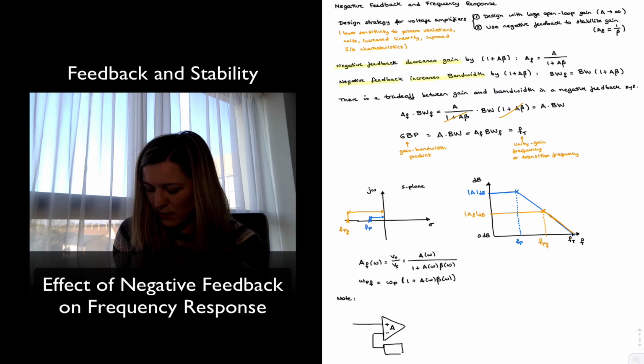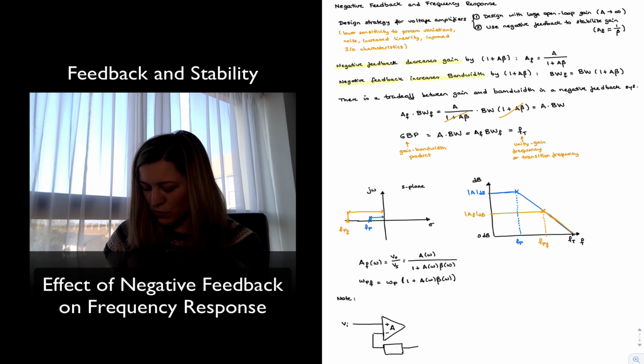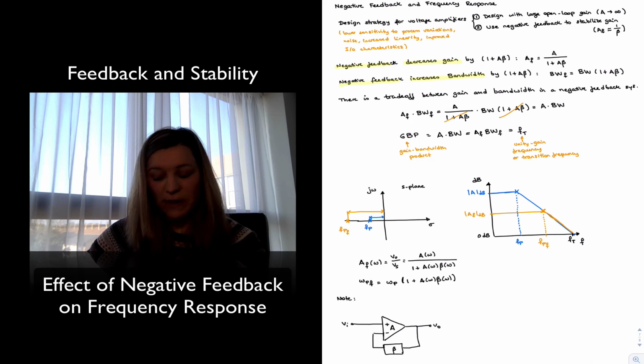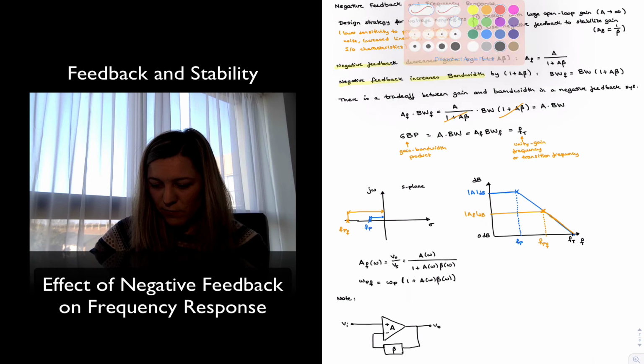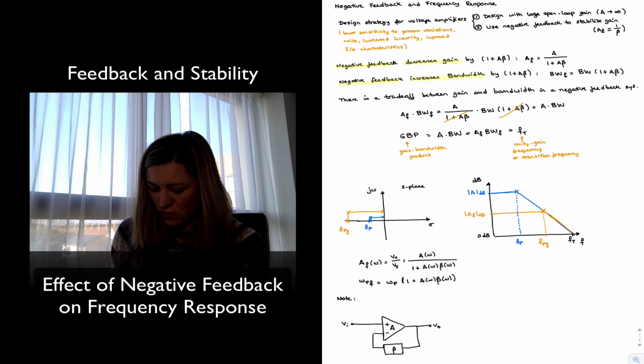This could be simply a non-inverting amplifier where my signal is applied at the non-inverting input terminal, and my feedback network is just those two resistors. This will be my output signal, which I sample, run through my feedback network, and feed back to the input of my amplifier. And let's imagine for a certain range of frequencies, I'm going to have a phase shift that is lower than 180 degrees, and so there is no problem.